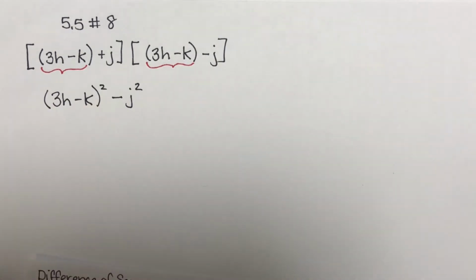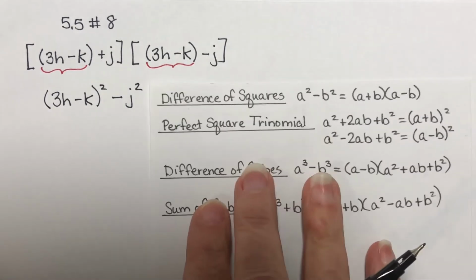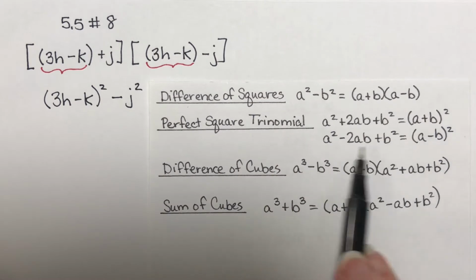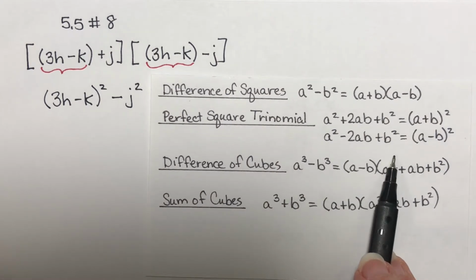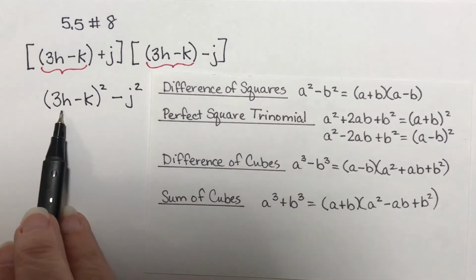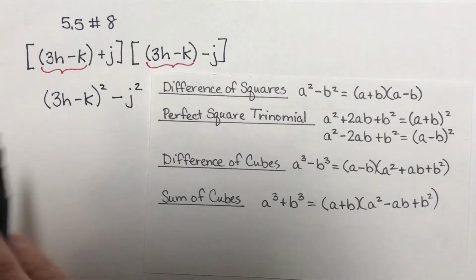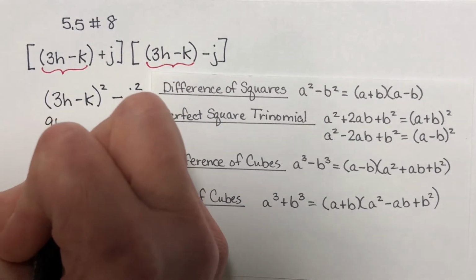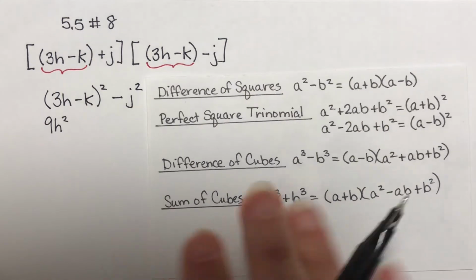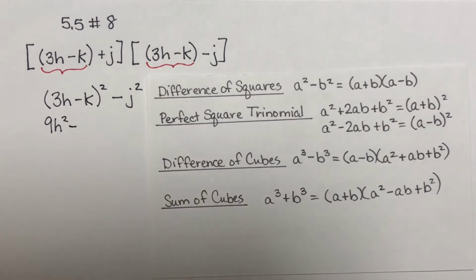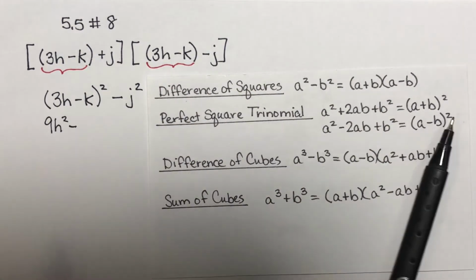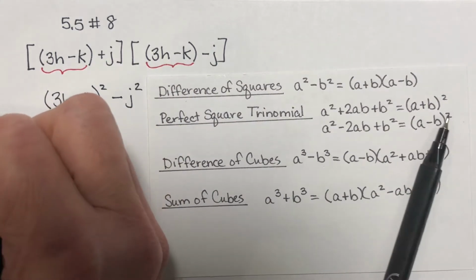And then they want you to multiply this out, and it is a perfect square trinomial, which has this pattern. And the way we talk ourselves through it is you square your first term, which means you square both pieces, so that's going to be 9h squared. You use the sign from the middle. You multiply these two things together, which would be 3hk.